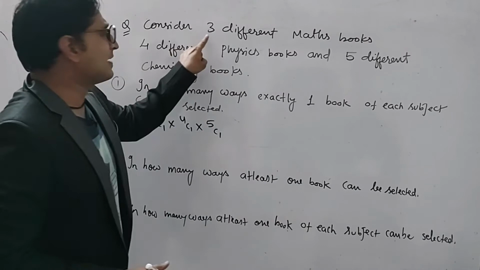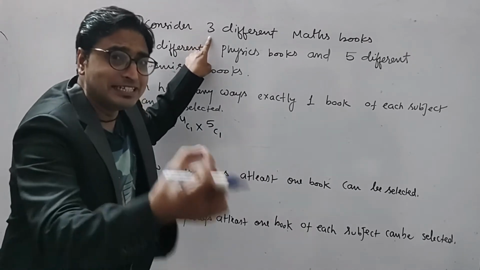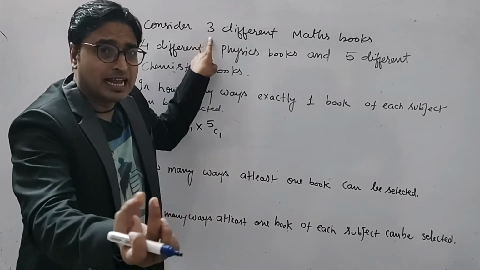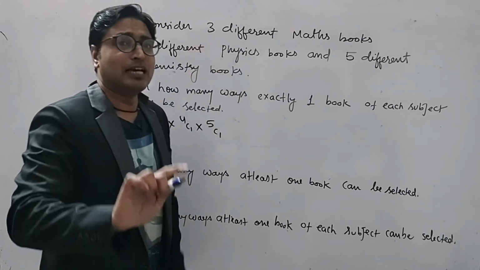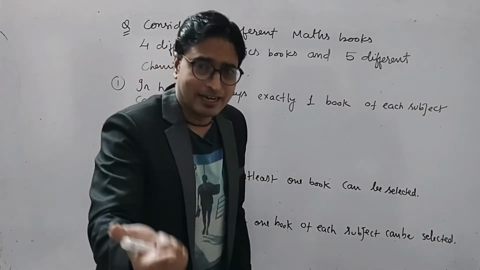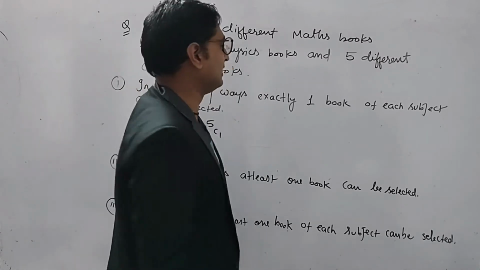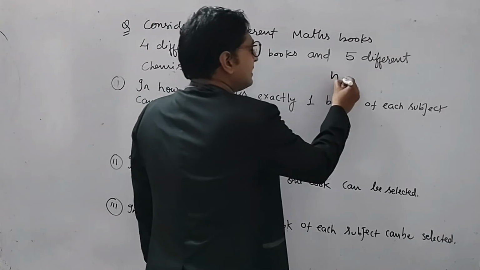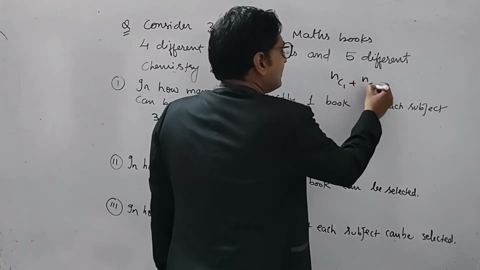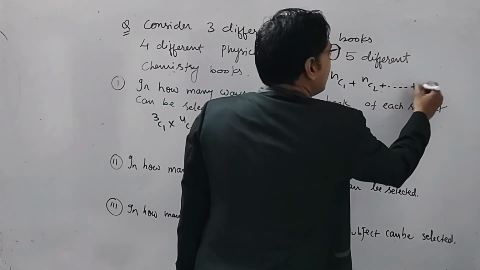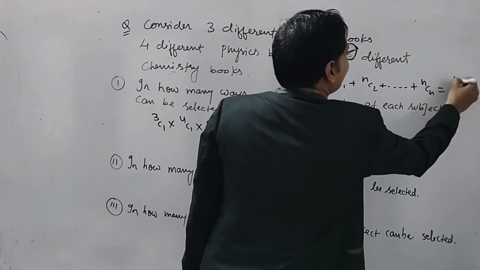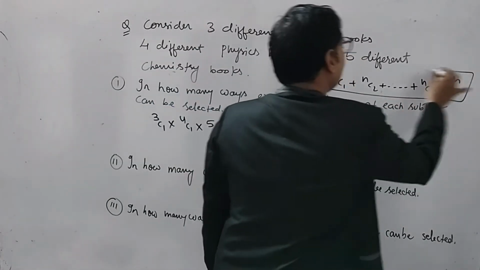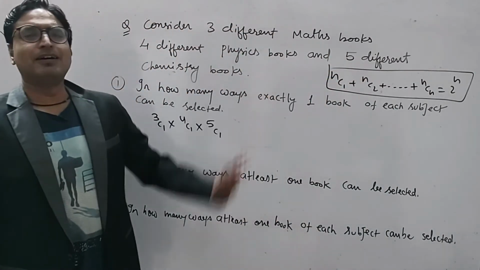So the total number of ways will be what? 3C1 plus 3C2 plus 3C3. And we can use the formula nC1 plus nC2 up to nCn, which is 2 to the power n minus 1, that I have already discussed before. Okay, it will be 2 to the power n minus 1.